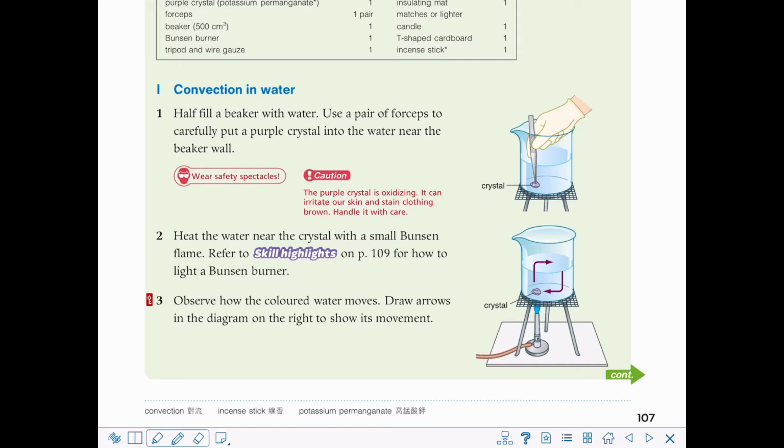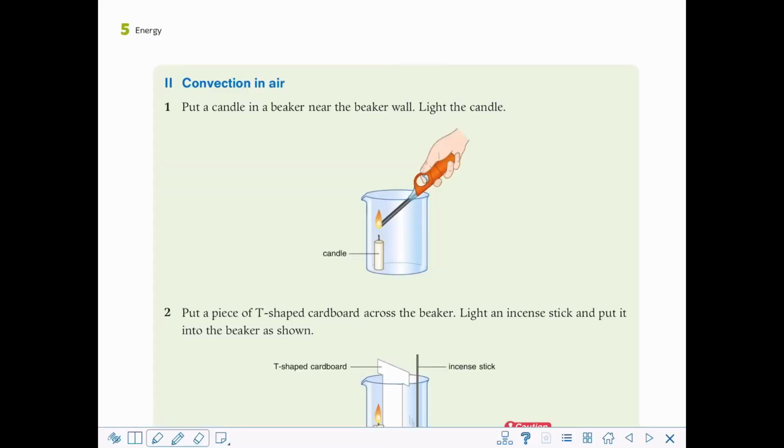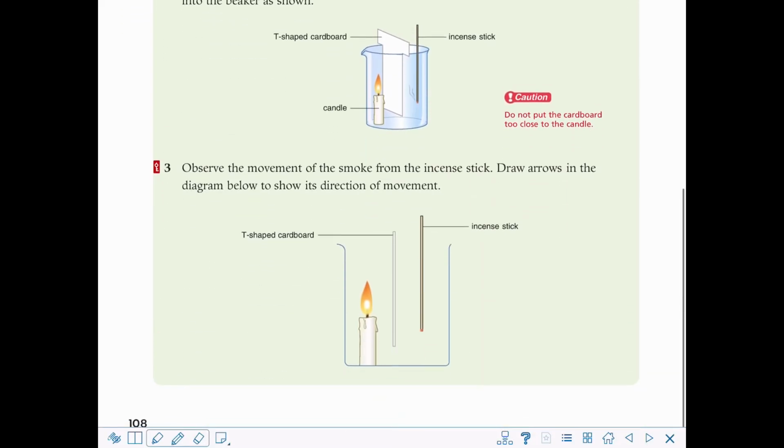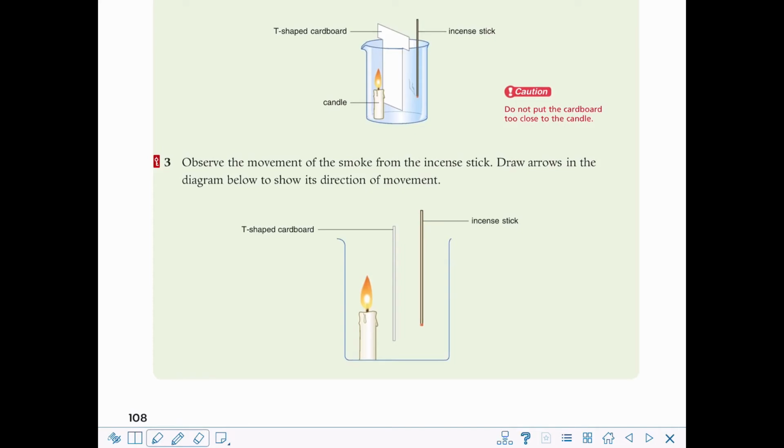You should draw the arrow in the diagram on the right to show the movement of the colored water. You should draw the arrows in the diagram to show the direction of movement of the incense smoke.